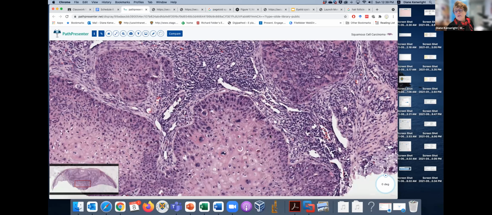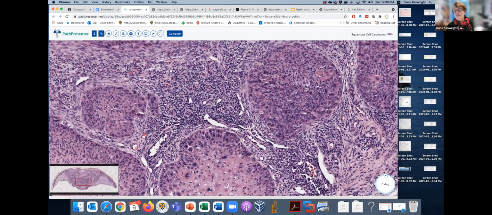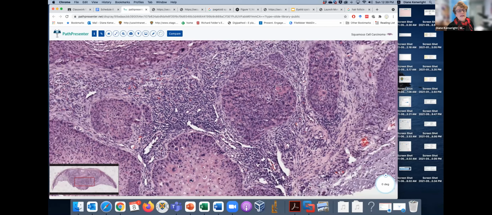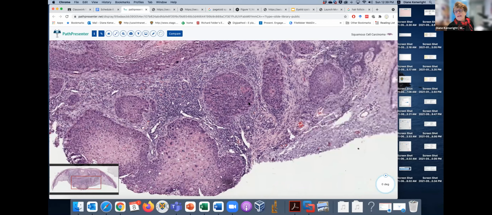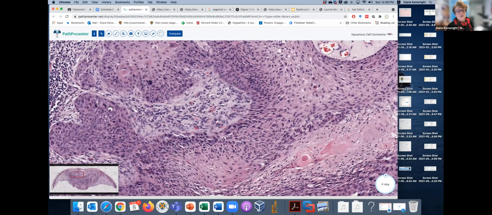But as I look round, this shows no palisading at all, no retraction artifact, and we're getting little areas of keratin maturation with this quite nice keratin whorl here and here, and lots and lots of pink keratinizing cells. So I'm thinking that this is a squamous cell carcinoma.